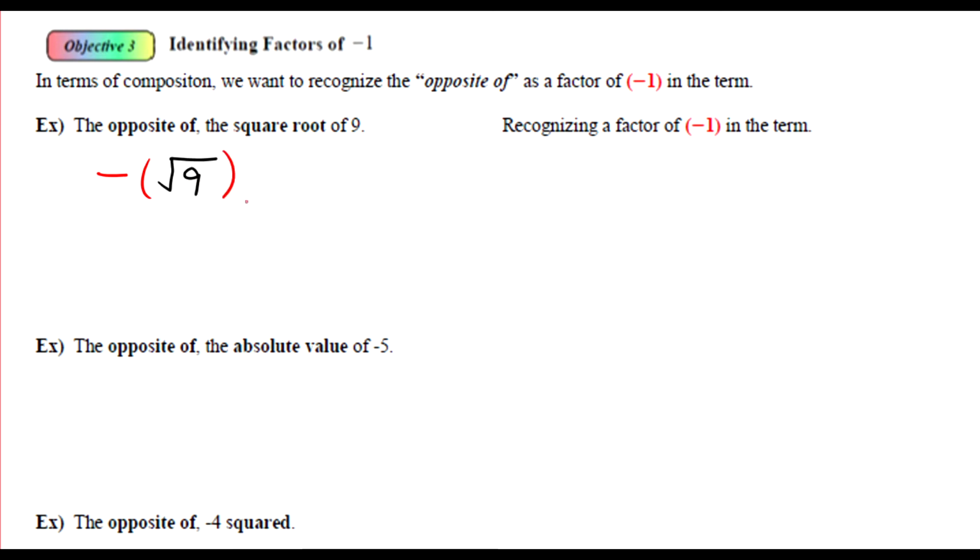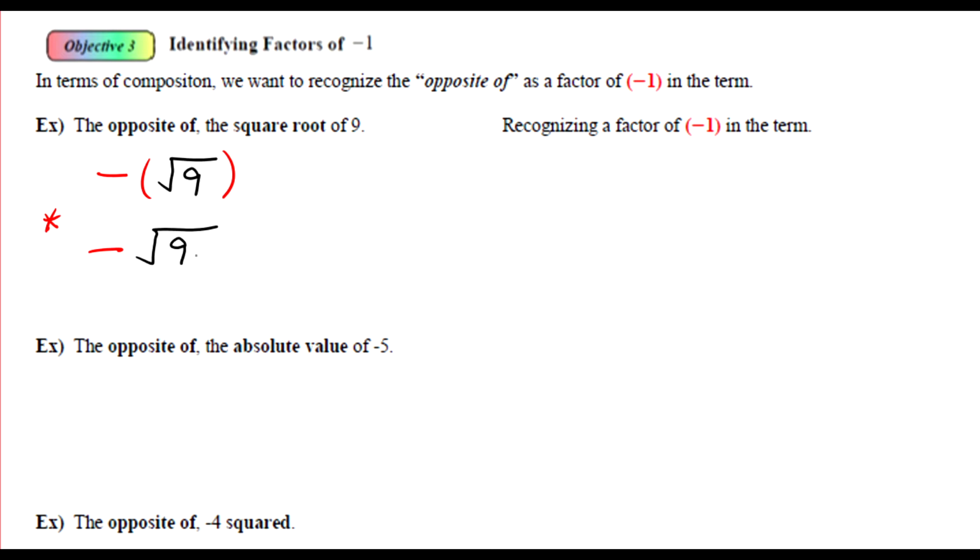But this is kind of an overuse of grouping symbols. So what you're going to see is that this negative is just in front of the square root of 9. So that's how you'll see the opposite of the square root of 9.